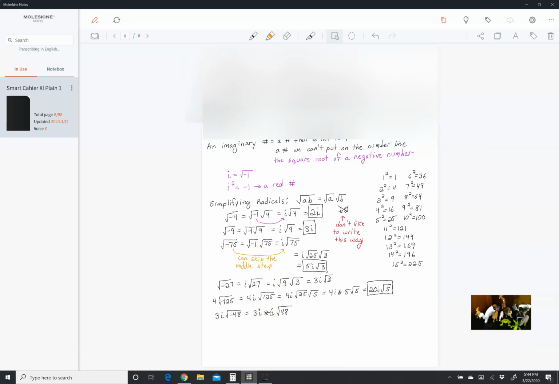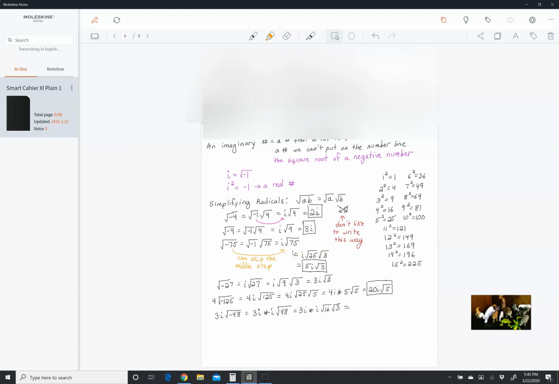Let's just keep simplifying. So that means that we have 3i times i square root of 16 square root of 3. So notice I can do this quickly because I really know these perfect squares. Okay, also I'm the one making up the problems, so it's easier for me. But you can use a calculator.